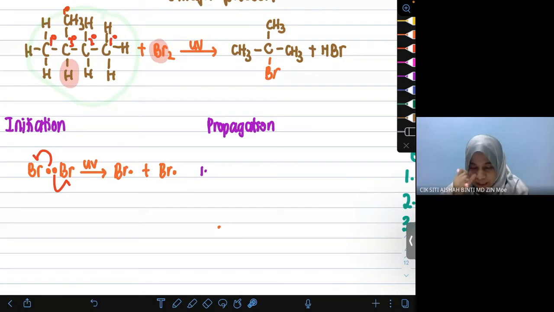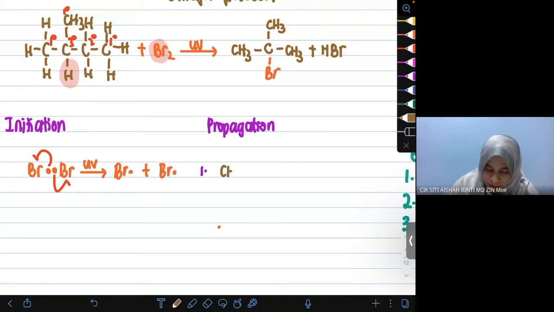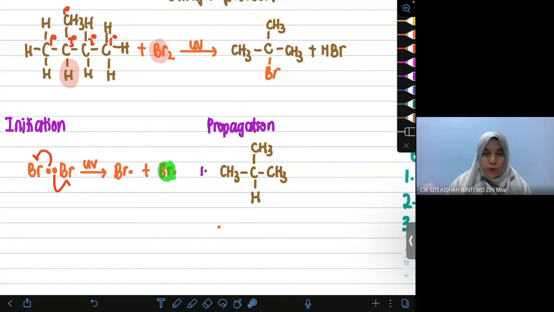So again, this case means nak guna yang macam condensed ni. So this one, if I make it as a condensed structure, will be like this. CH3 attached to carbon, attached to CH3, attached to another CH3, attached to hydrogen. Okay? So what happened here is actually bromine radical ni will take, dia perampas kan, it will take the hydrogen.